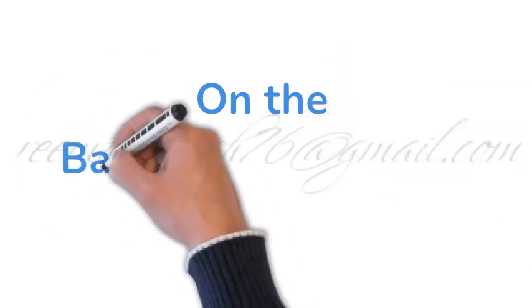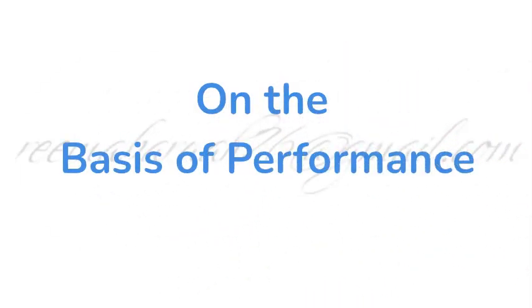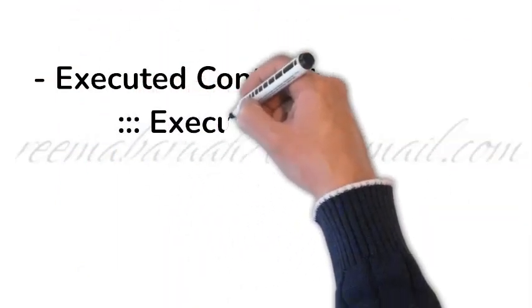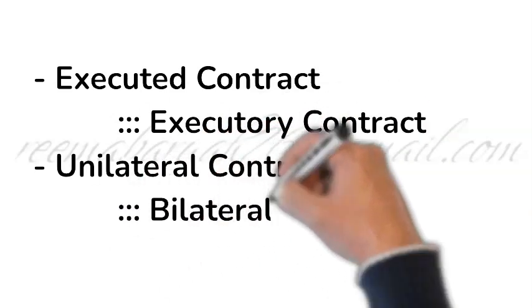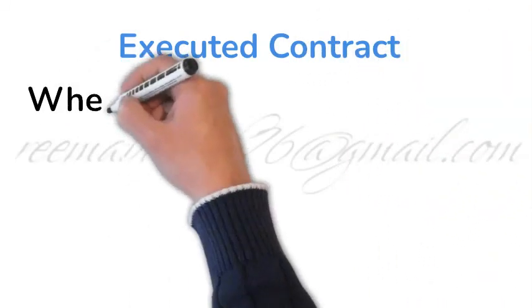Now we move on to the third category of contracts based on performance. On the basis of performance, the different types of contracts are executed contract, executory contract, unilateral contract, and bilateral contract. Let me explain the first one, that is executed contract.